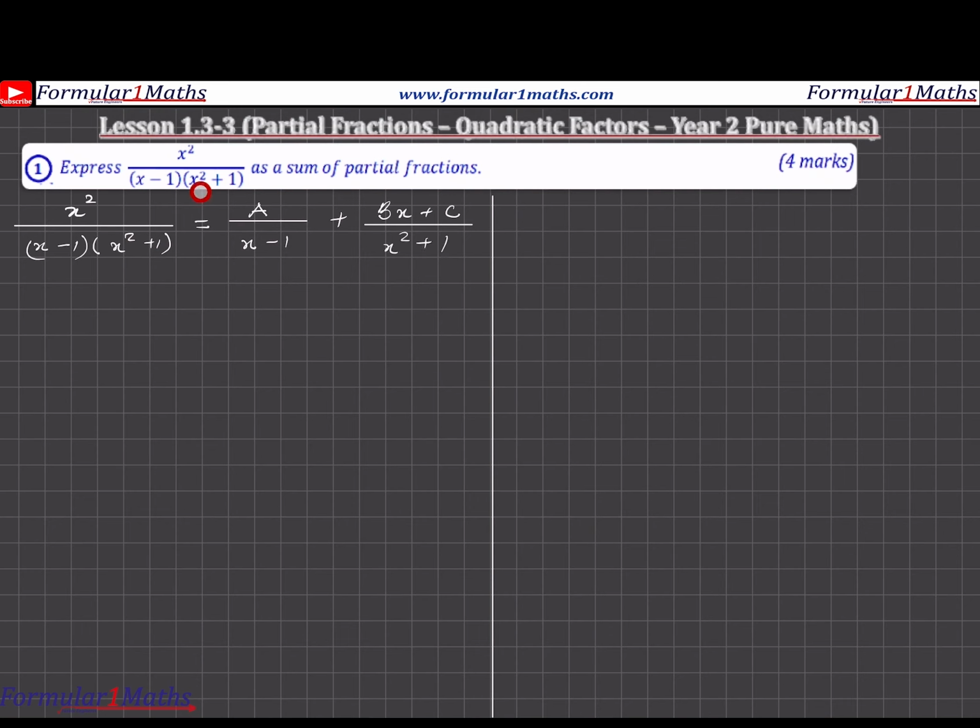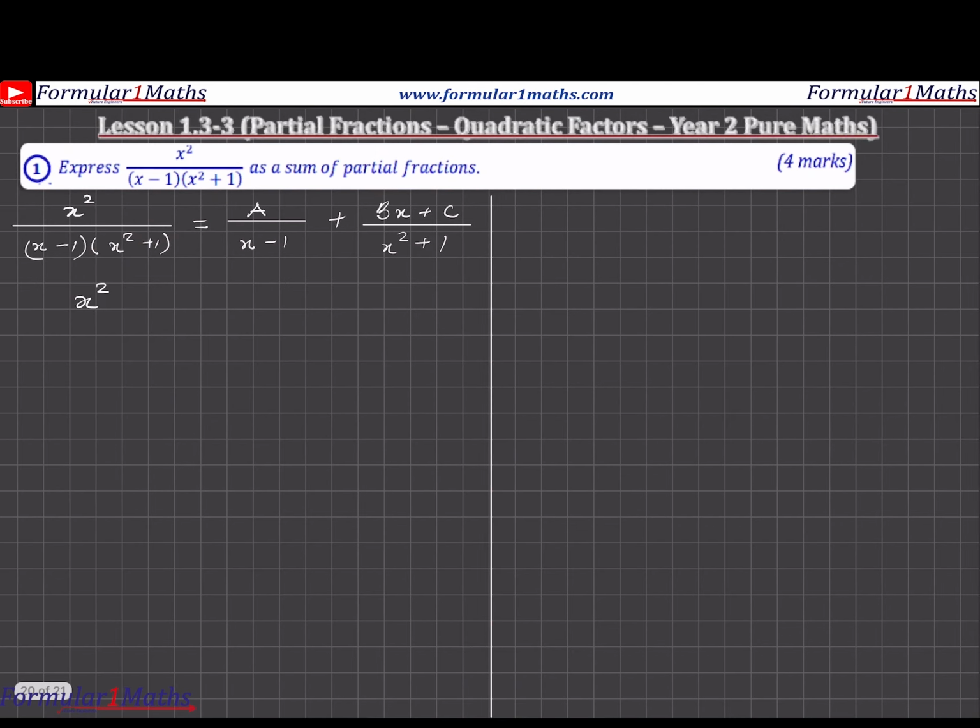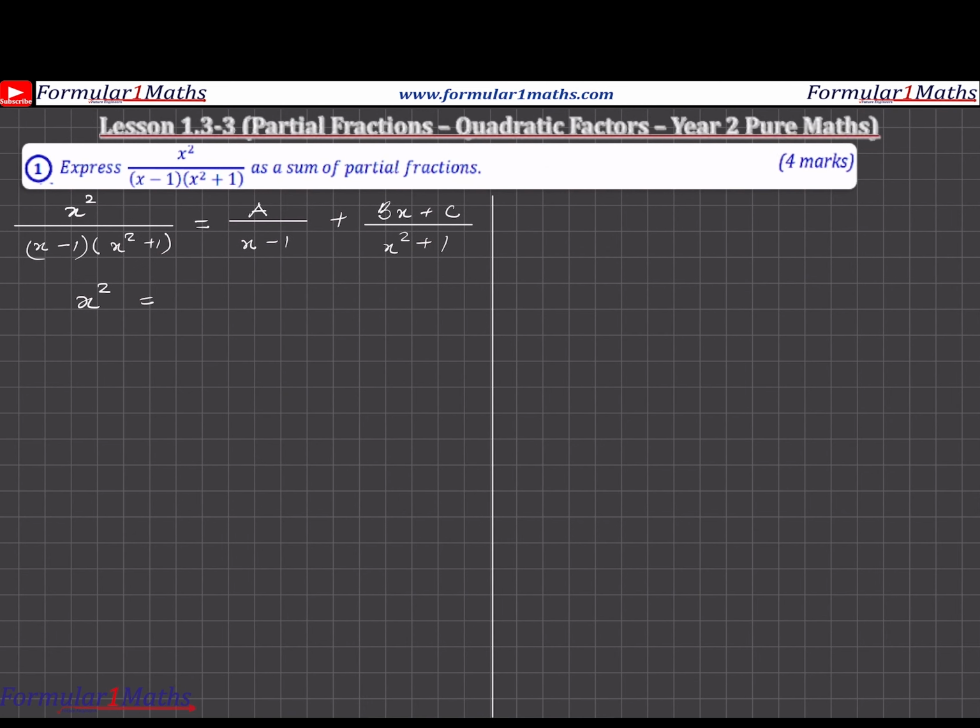Then I'll multiply all 3 terms by the denominator of the left-hand side. And I'm going to get x squared on the left-hand side, and on the right-hand side, the x minus 1 will cancel out, and so I have a(x squared plus 1) plus (bx plus c) times (x minus 1).